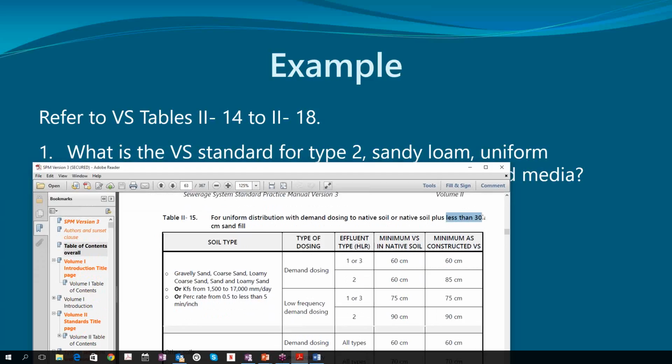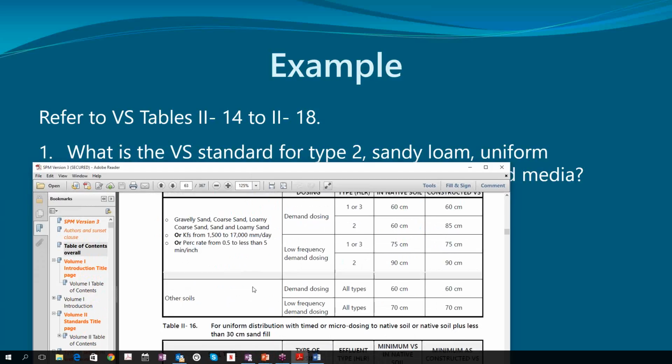So it is less than 30 centimeters of sand. And it's sandy loam, so it doesn't show up there. It's an other soil in that case, and it's low frequency demand, type 1, 2, or 3. The answer then is 70 centimeters. That's how much VS we need.